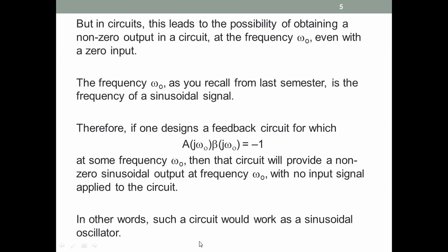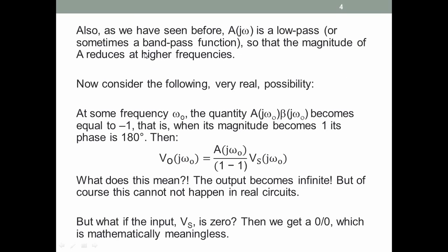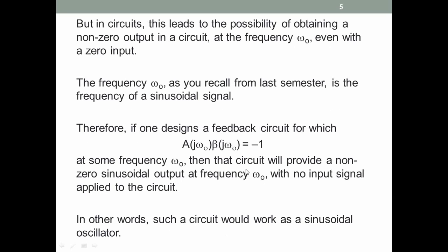So here is what happens. In circuits, this leads to the possibility that the output of the circuit is non-zero at the frequency omega 0, even with a 0 input. So if Vs is 0 and if this condition is satisfied, then the output can be finite at that frequency omega 0, because of course only at omega 0 is this condition satisfied.